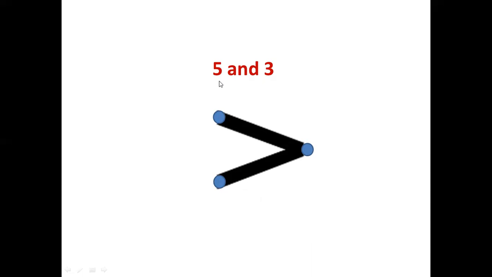So if we have two numbers, 5 and 3, where should 5 be? Yes, 5 should be on the greater side. Here, this is the greater side with the open mouth and having more dots than this side. So 5 will be on the greater side and 3 on the smaller side.